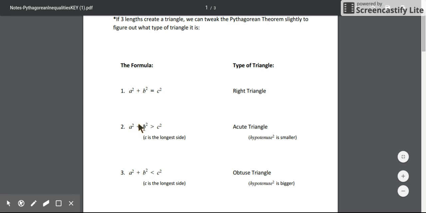If you take your two smaller lengths, square them, and find their sum, and then compare that to squaring the hypotenuse, which is no longer the hypotenuse because we're not in a right triangle, so we just call this the longest side. If you square the longest side, and that turns out to be smaller than this value that we simplified over here, then that's an acute triangle.